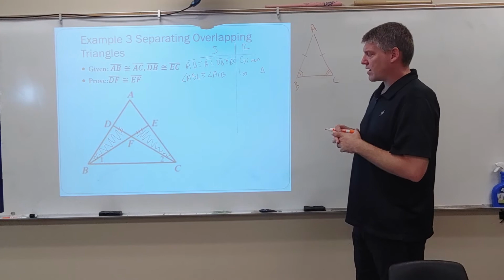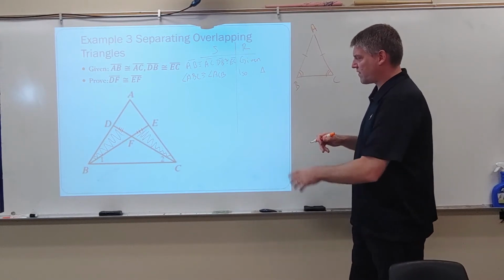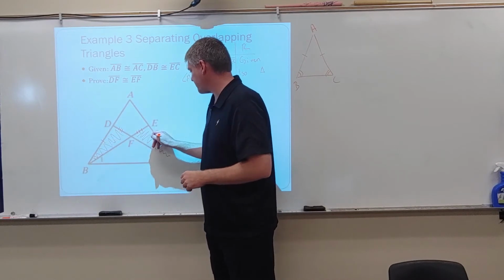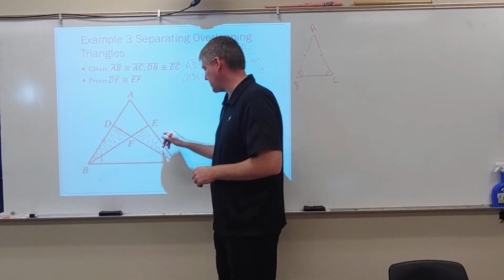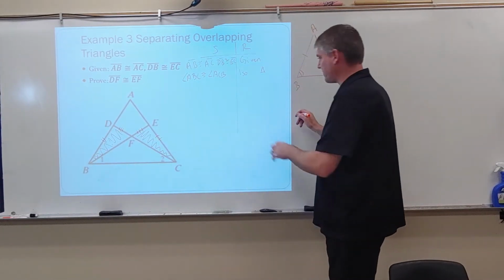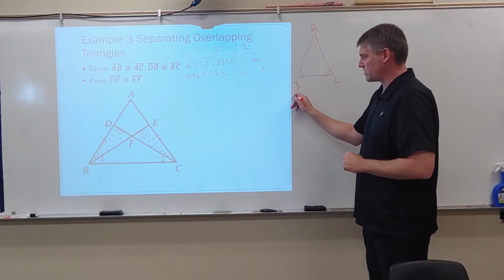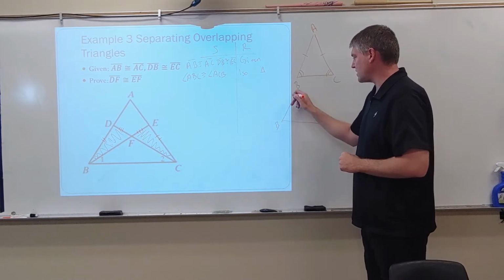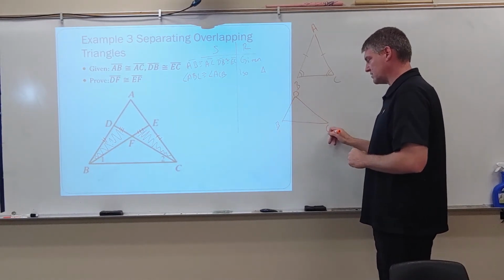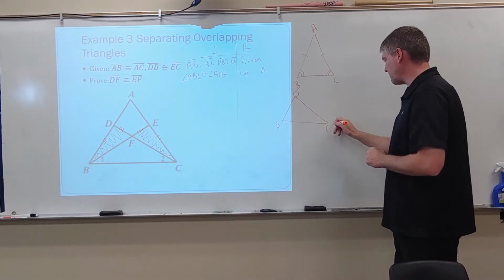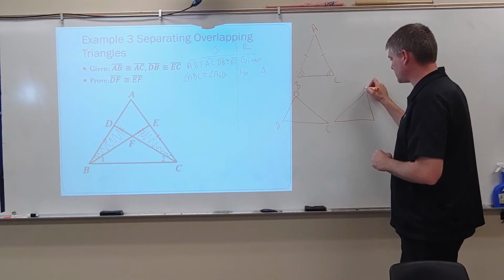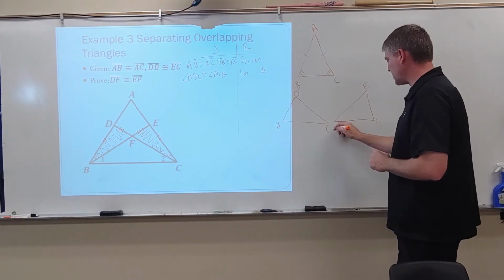So now, the good thing is if I look, I also know that this is the case, right? Let me put two dashes here. So now, if I separate this into two other triangles, so this is B, this is D, and this is C, and then I have this, so this is ECB, right?